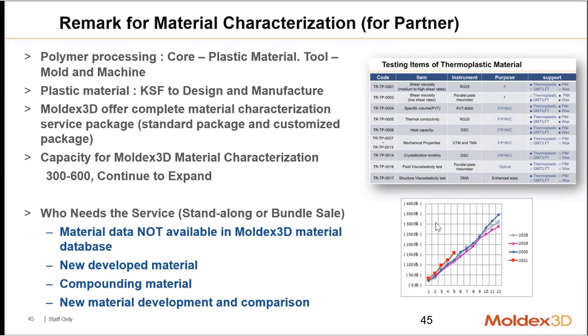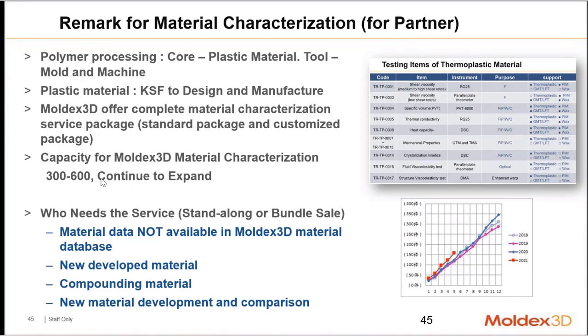This is our measurement record in the last 3 years, and this year we have already increased the capacity. So we expect this year we can expand the characterization amount from 300 to 600. And our goal is to measure around 1,000 materials per year.